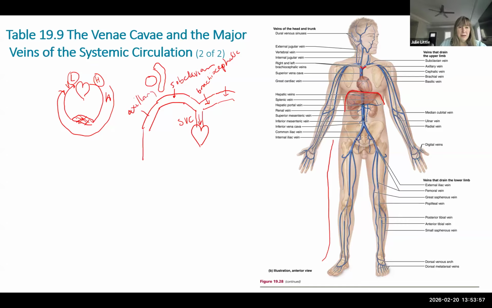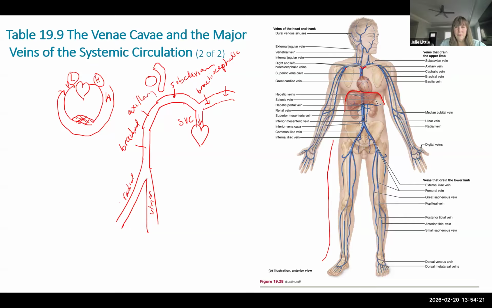And then when it goes down in front of the humerus, it's going to be the brachial. But this time we're talking about veins and not arteries. And then just like before, it's going to split off. If you're in an anatomical position, the radial vein will be on the outside and the ulnar vein will be on the inside. These are your deep veins. It matches on both sides.